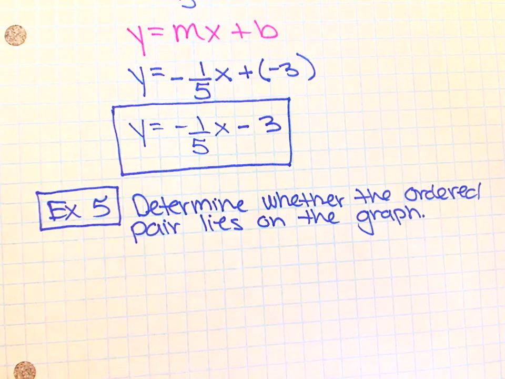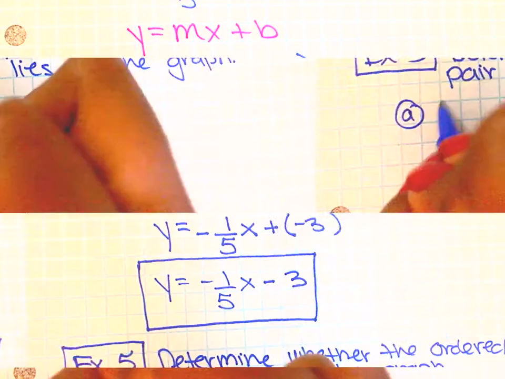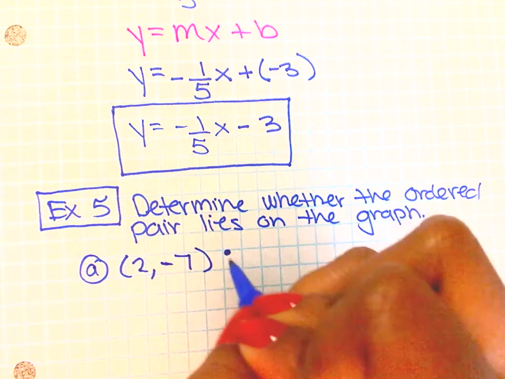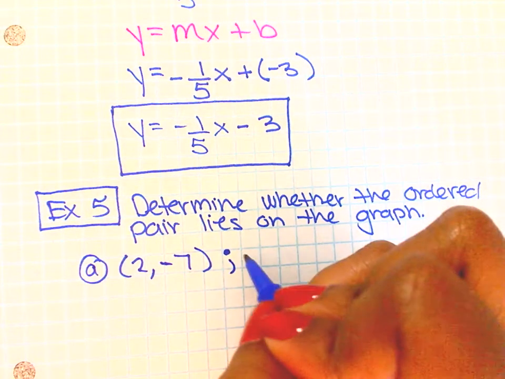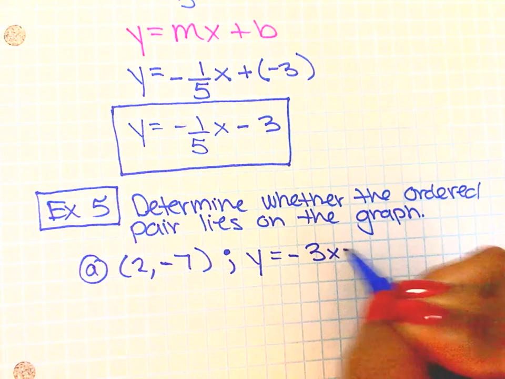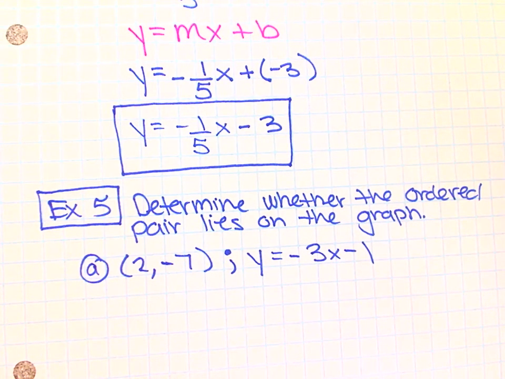They're going to give you an example that looks like so. You're going to get (2, -7), and then they're going to give you the slope-intercept form. Y equals -3x minus 1. So they give you a point, and then they give you the slope-intercept form. Now watch what you do.